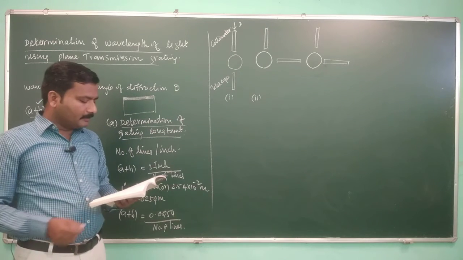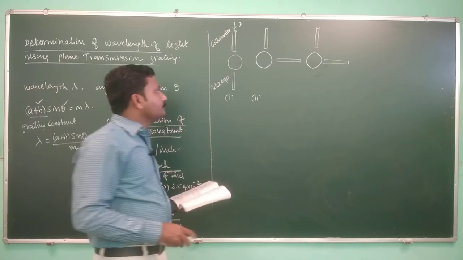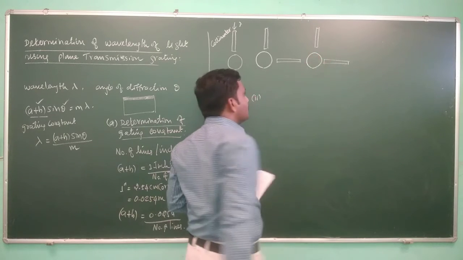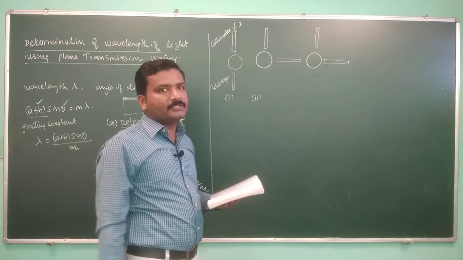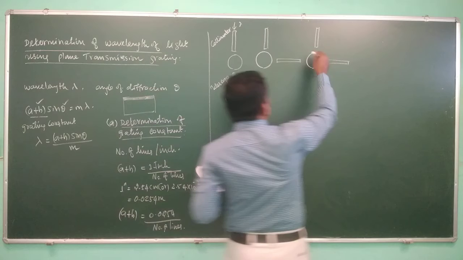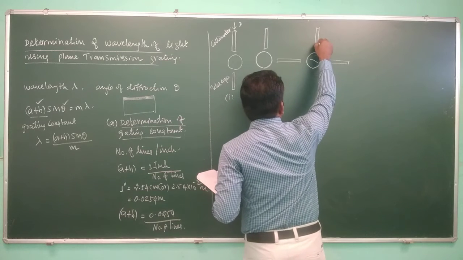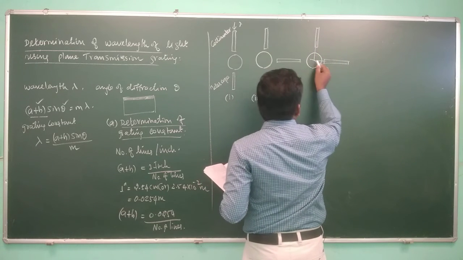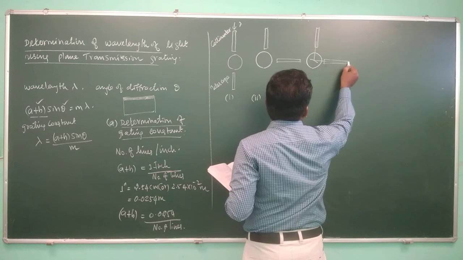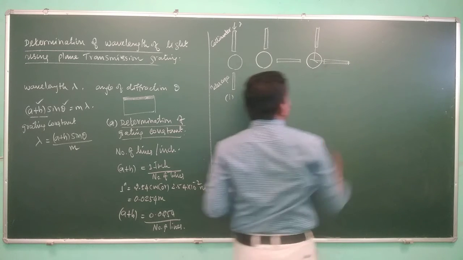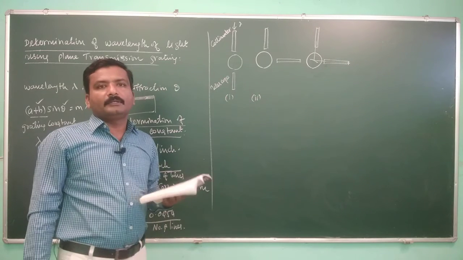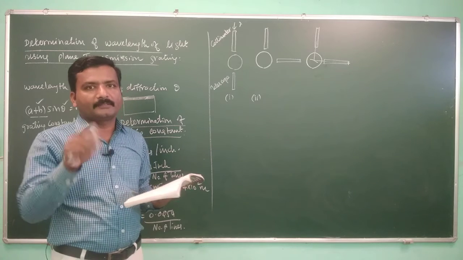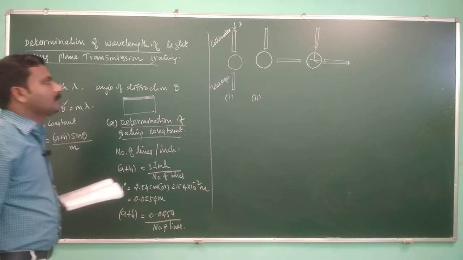You mount the grating over the prism table and rotate the transmission grating in such a way that the incoming light ray gets reflected and this reflected light ray is observed in the slit. The line is observed at the cross wire. The line coincides with the cross wire.